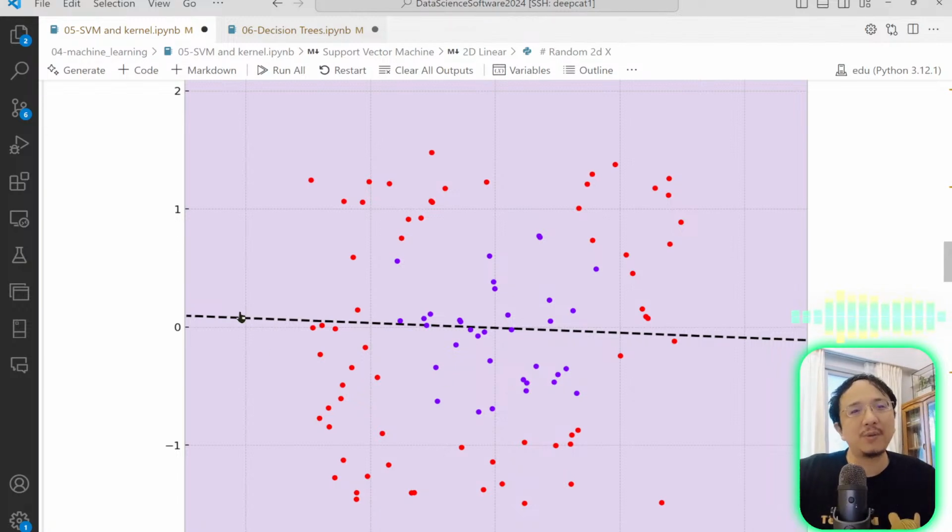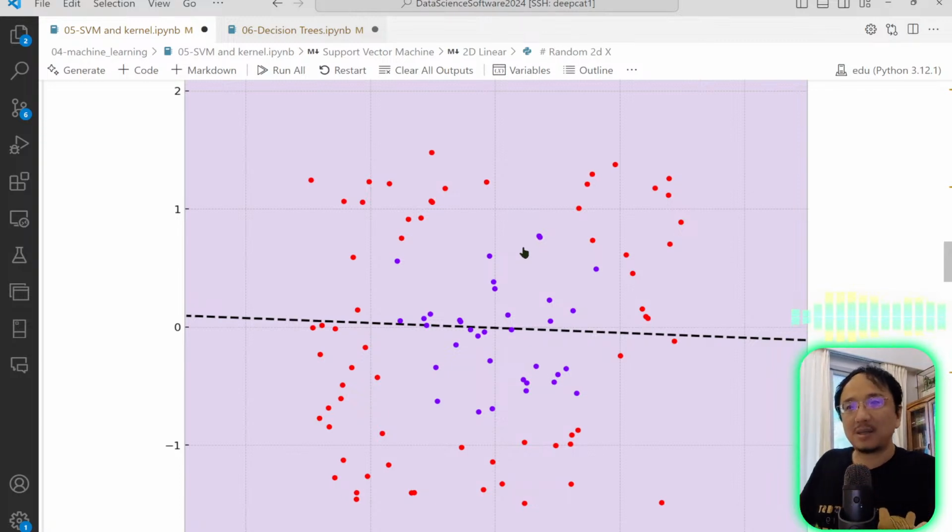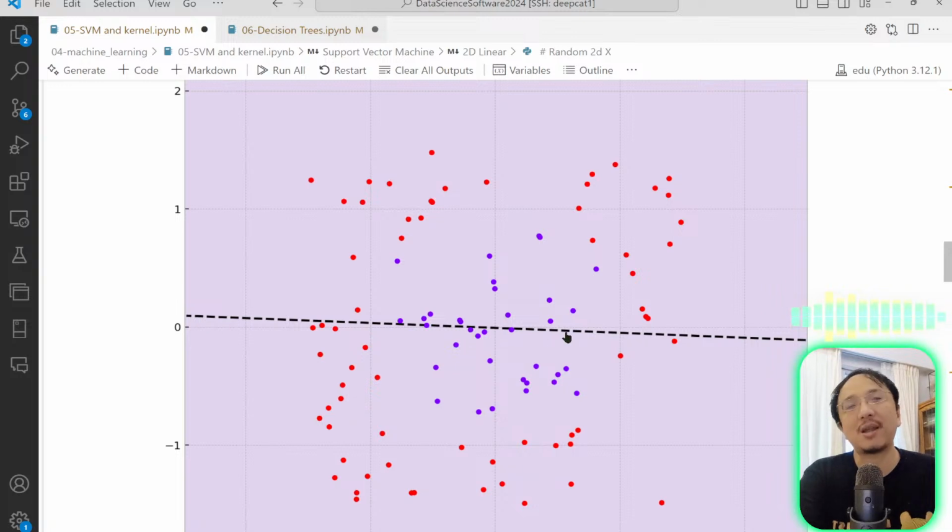I'm using the support vector machine algorithm to find a good straight line that separates them, but in fact no straight line can separate these two classes, so the line found by the support vector machine is not very good.